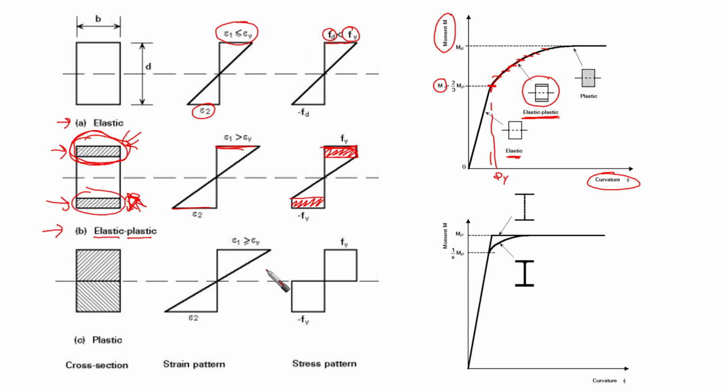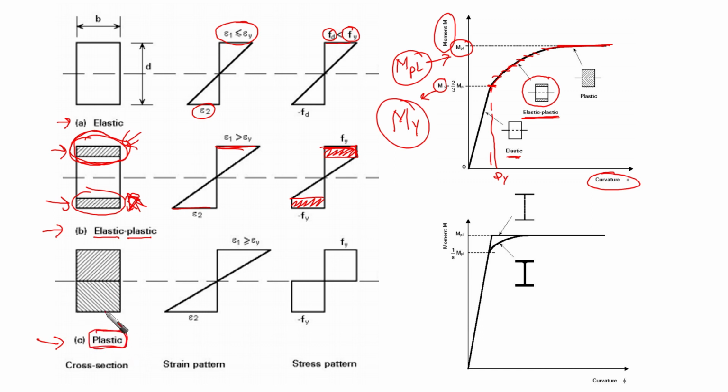After that, we are going to reach some level here. This level is designated as M plastic, the plastic moment. Here it was M yield, the yield moment. At M plastic we find something very interesting. At this stage, which is stage C, the plastic section is developed.